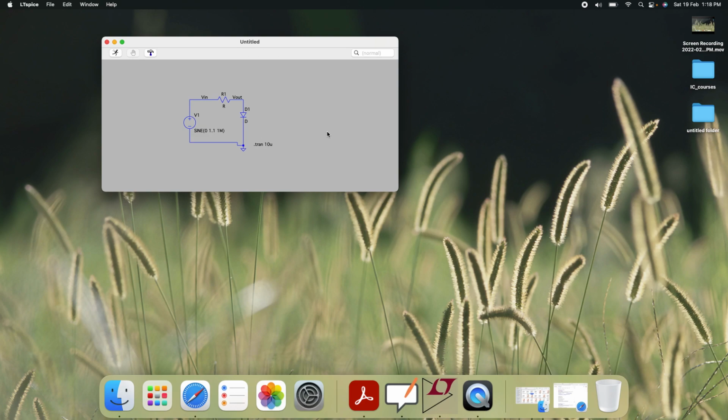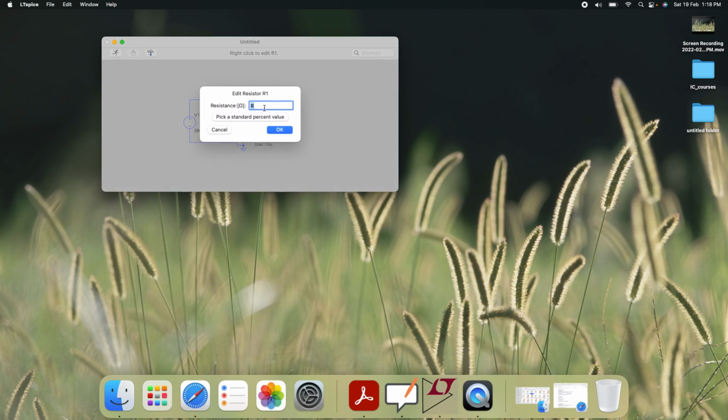I kept it here: transient analysis 10 micro. In addition, if you want to run DC also, you can run multiple analyses together. I'm not doing this, but you can add DC, noise, everything, one by one. Now we look ready, but it's not true, because we still have not given the resistance value.